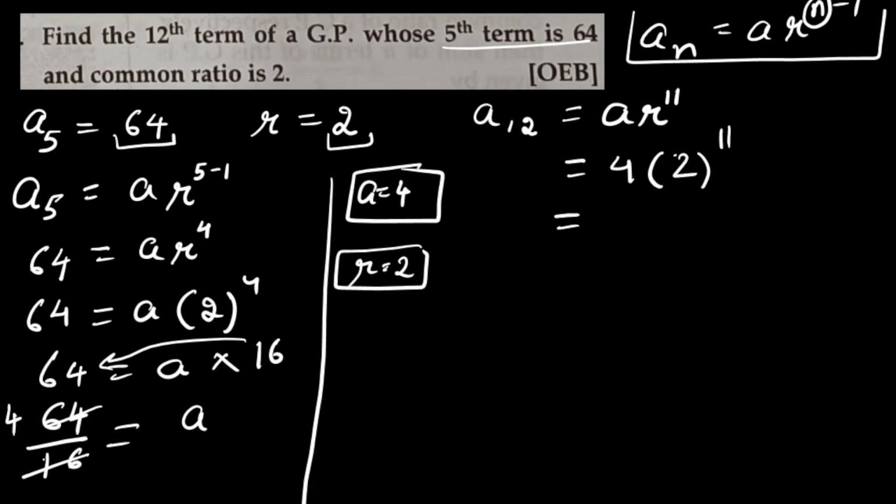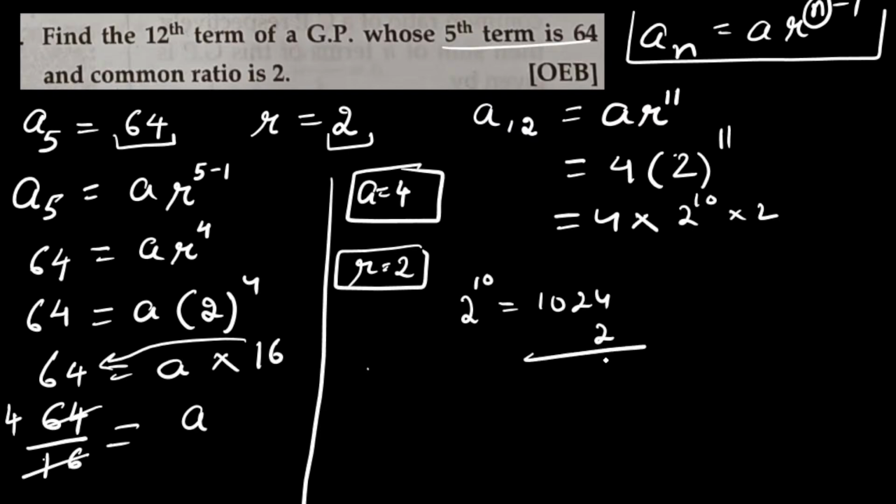So we can multiply this. A12 is equal to 4 into 2 to the power 11. 2 to the power 10 we know. 2 to the power 10 is 1024. You can remember all these things. 2's powers are very easy to remember. So 2 to the power 11 means 2 to the power 10 into 2.